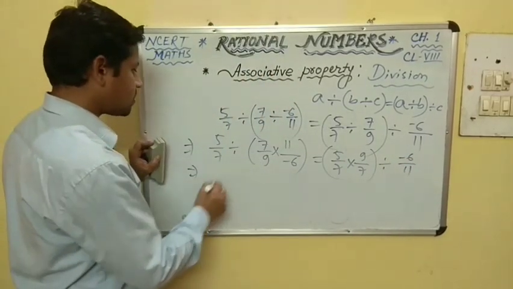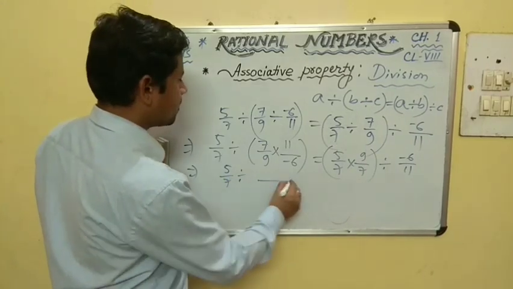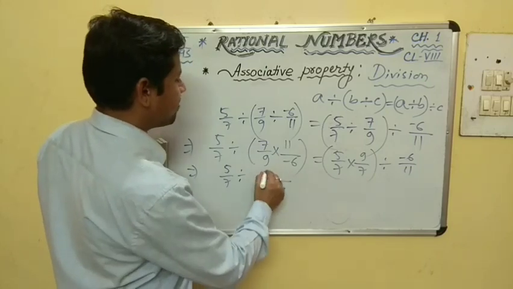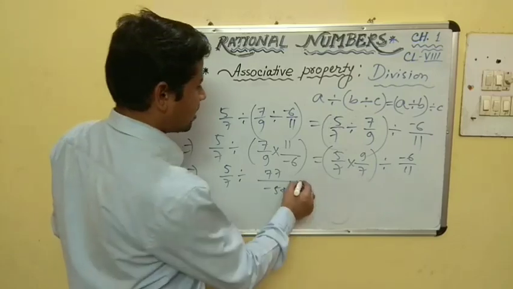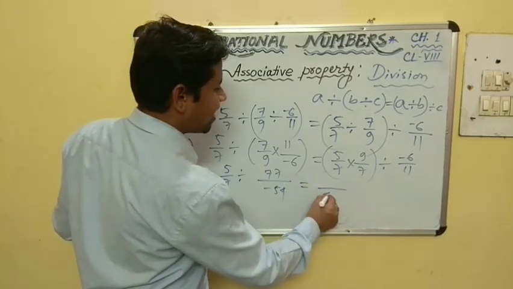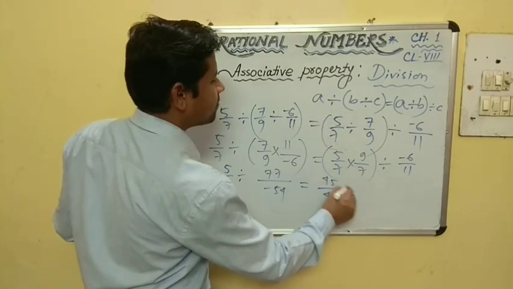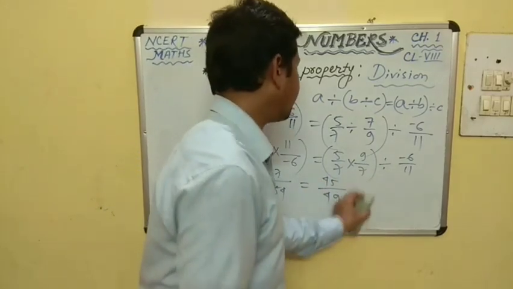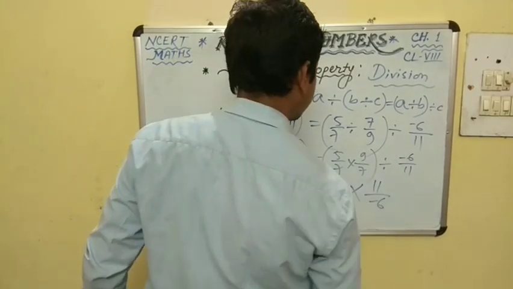So 5 by 7 divided by, 6 nines are 54 and 11 sevens are 77. So I think this is clear to you, and equals to here 49, 9 fives are 45, divided by, it will be multiplied by its reciprocal 11 by minus 6.